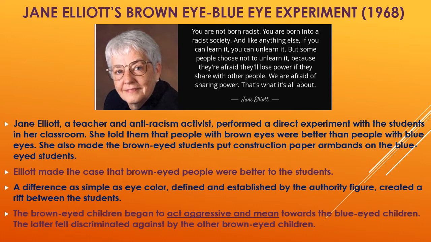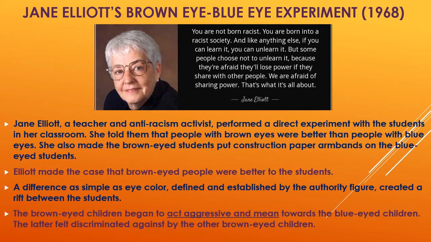They didn't understand. And so she wanted to put together an experiment to demonstrate how racism and prejudice is very prevalent in our society, and how easy it can be to fall into prejudicial thinking.